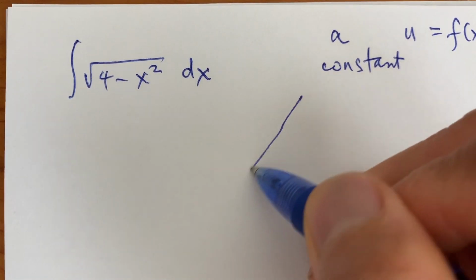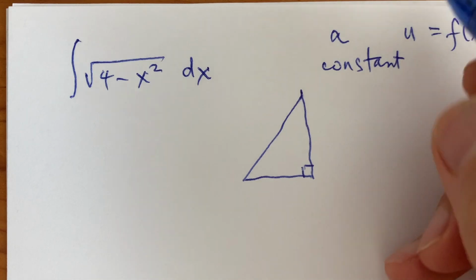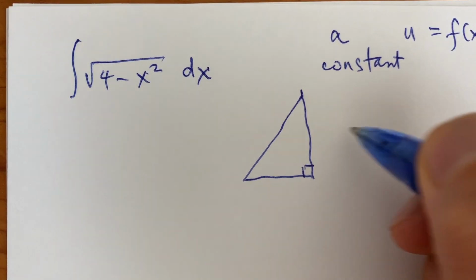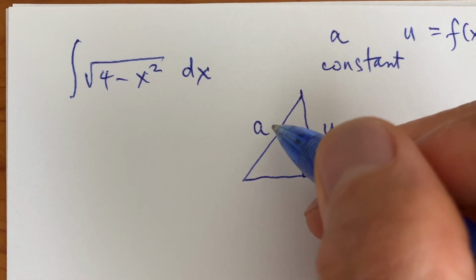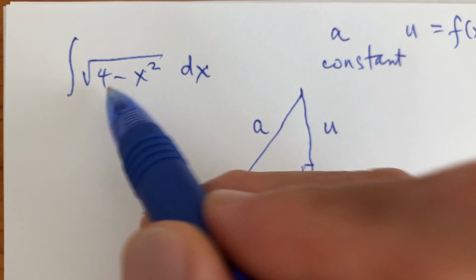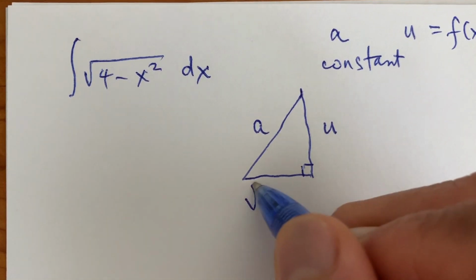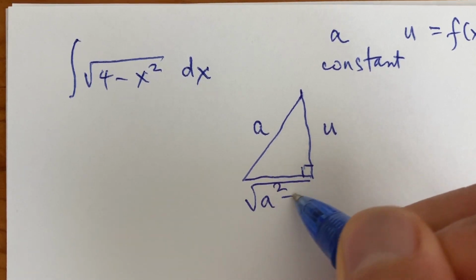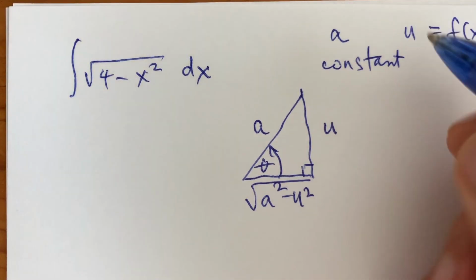I'm going to use sine. This must be my u, this must be my a. Now, how do I know this is my a again? Well, that is my hypotenuse. The longest side is always subtracted from. And so by Pythagorean theorem, the third side should be the square root of a squared minus u squared. And I'm going to use here sine.